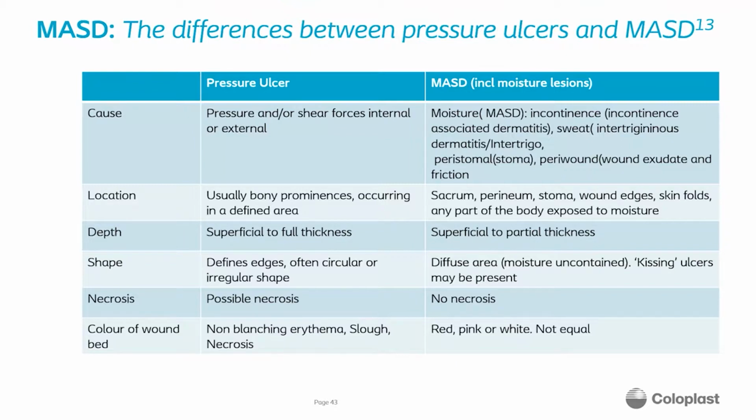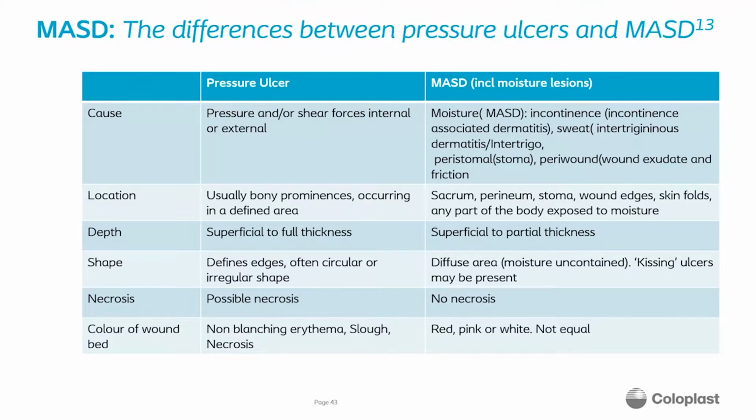If it's moisture and it's on a sacrum or perineum or around a stoma or wound edge, then we're not necessarily looking for that being over a bony prominence. It also won't have a defined wound. It will have irregular edges and there won't be any depth to those type of wounds.